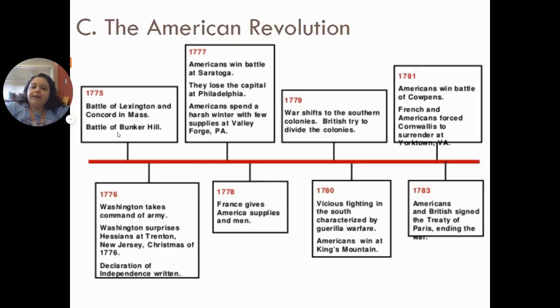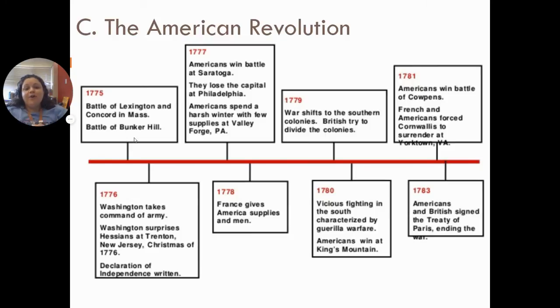So the Battle of Bunker Hill, we also see with the British and the colonists. And the hard thing with the military in the American Revolution was that the colonists were so behind. The American colonists had nothing on the British. The British military was 3 times larger than the American population.